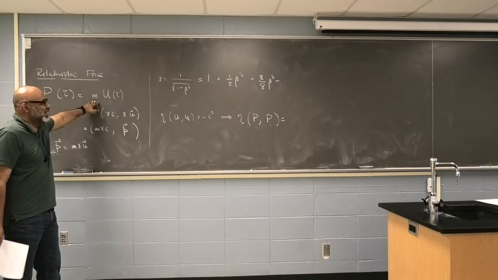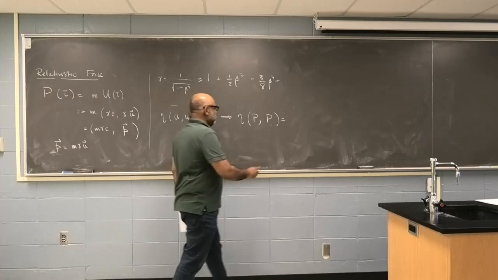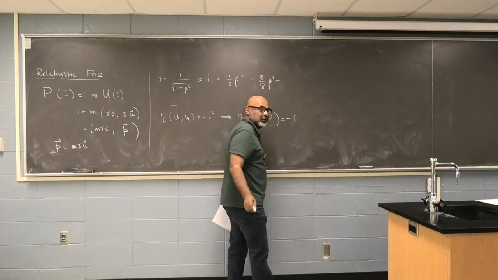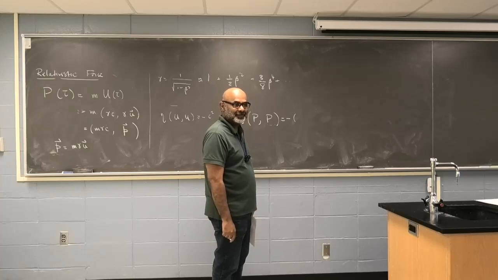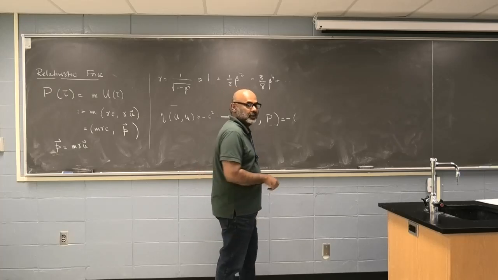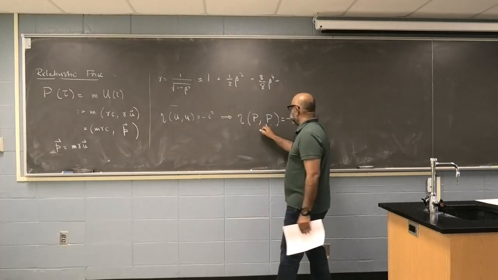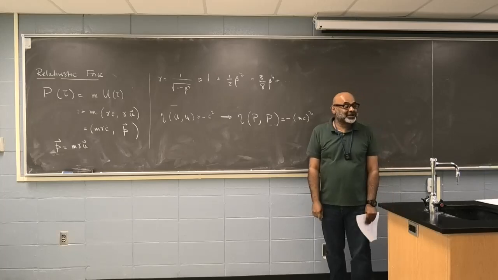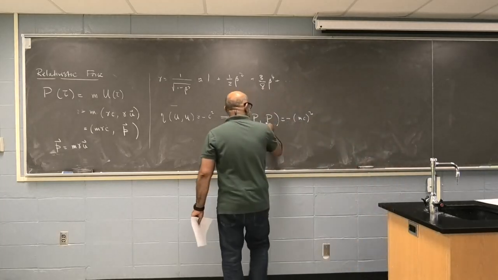I realized what I just said. Yeah, I tried to hold it. It'll just be negative mc squared. Good. Well, not mc squared. u squared. m squared c squared. Yeah, there are 2 m's. I'm not going to say there are 2 p's anymore, but 2 m's. You already made the mistake.